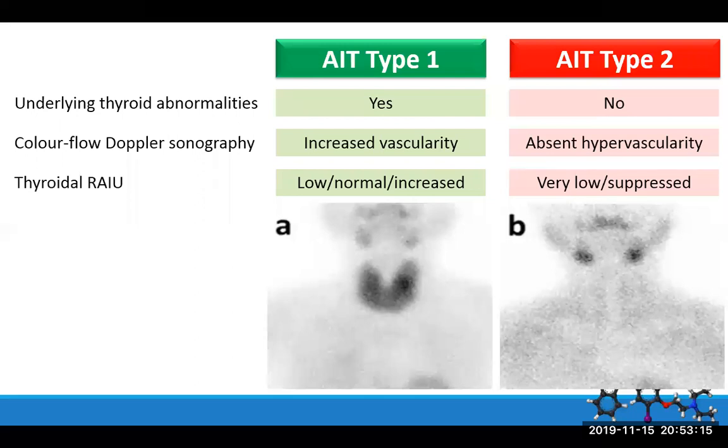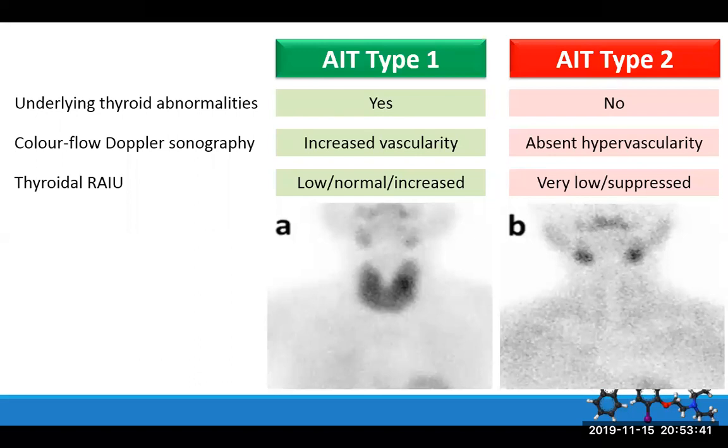But you must know that in most cases of type 2, radioactive iodine uptake is near zero. If you find that the radioactive iodine uptake is about 2 to 3%, for example, it is mostly type 1. But if it is 0%, it is mostly type 2. Actually, color flow Doppler is the best one to differentiate between them.